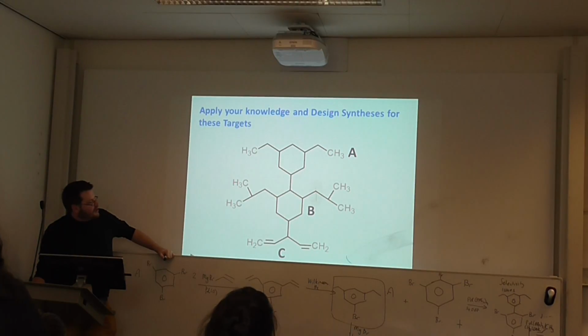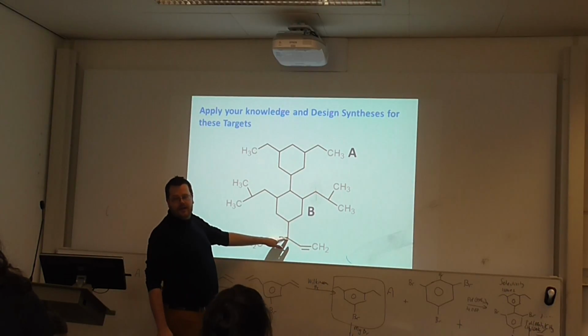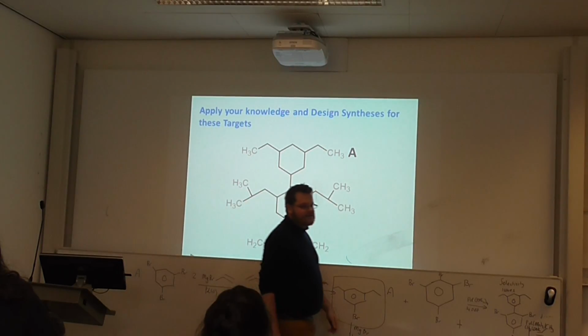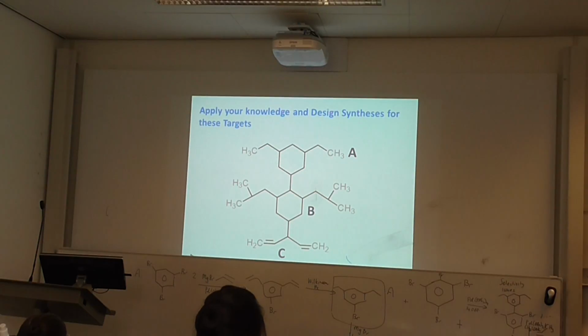No. We've got to be especially creative. Because, you see, this is an sp3 center, it's not an sp2 center. So all our coupling tricks are for sp2, sp2, right? Except for Sonogashira, which is sp2, sp.